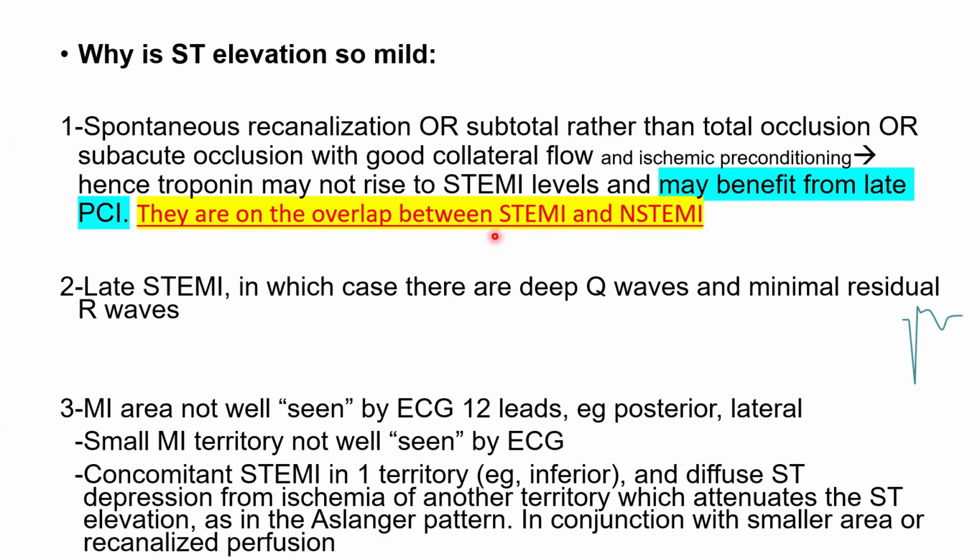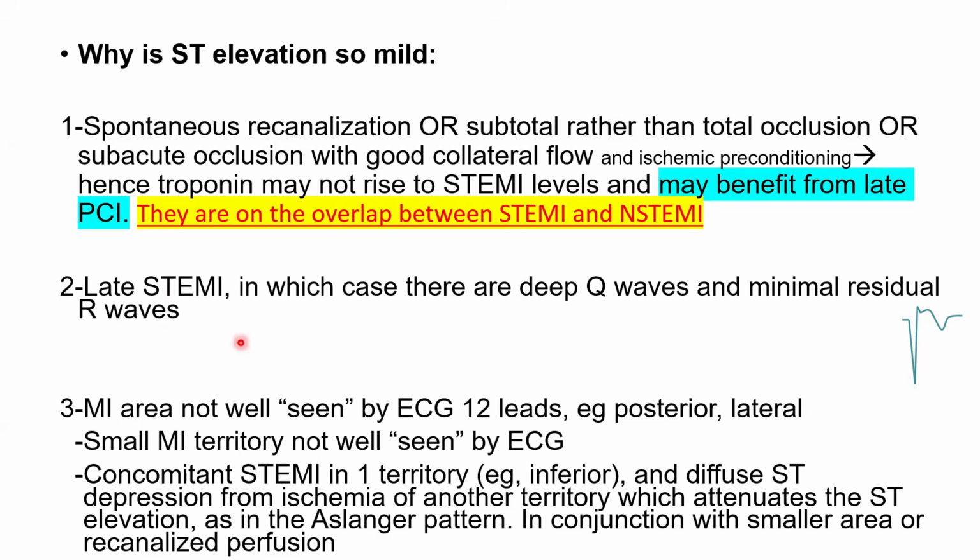These patients are on the overlap between STEMI and non-STEMI, although again, you should recognize those patterns and perform urgent cath and recanalization. If you happen to not recognize it, they would still benefit from a late cath, hypothetically more than STEMI, because there is some perfusion to that infarcted territory.